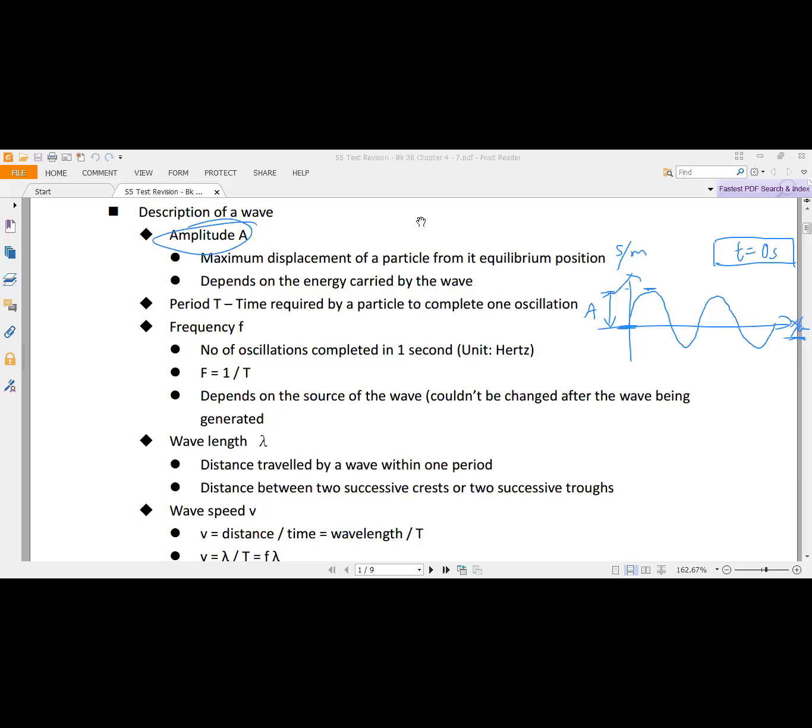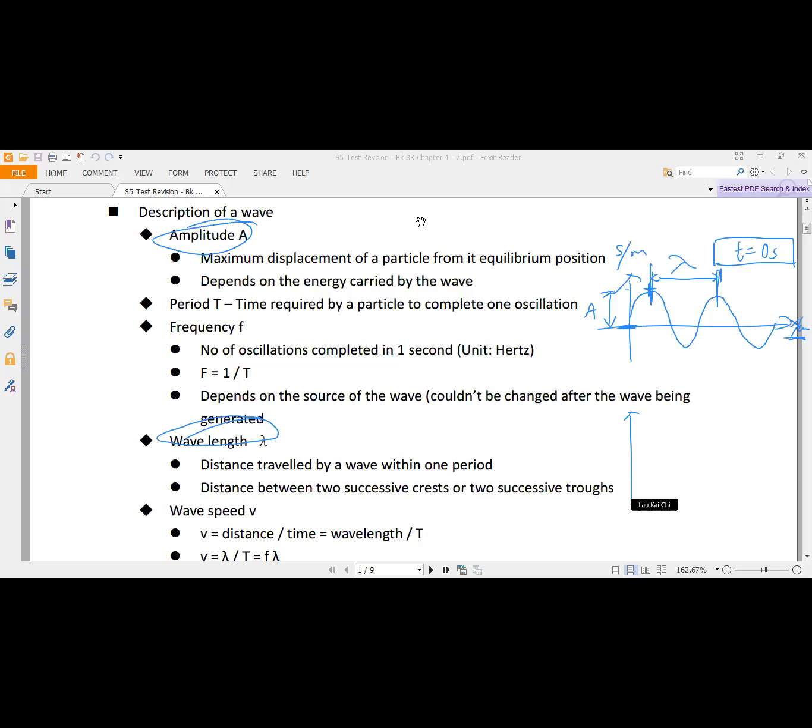And the second thing is you should be able to read the lambda, the wavelength. The wavelength could be the length of the 1 unit of the wave. This is the wavelength. Okay, so ask yourself whether you can get these two information.